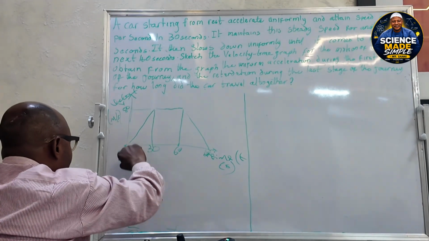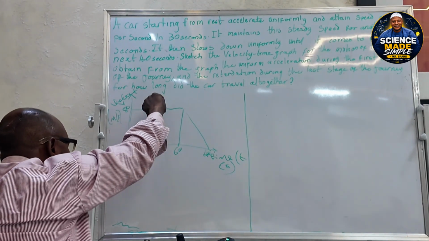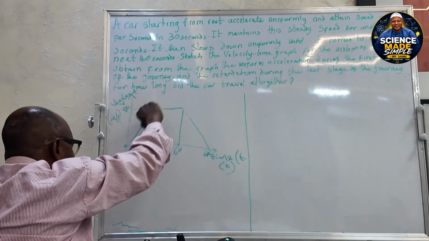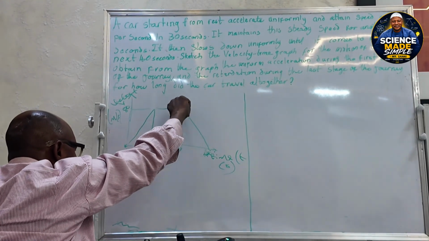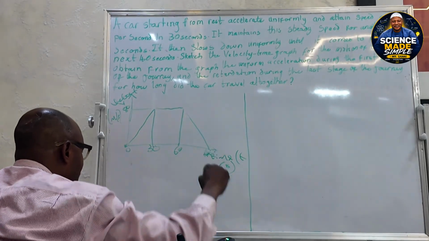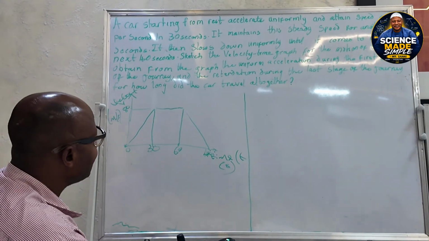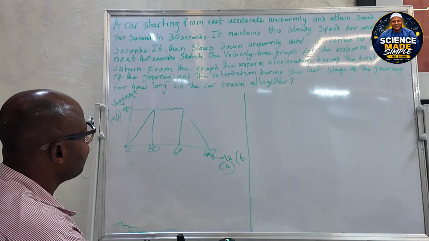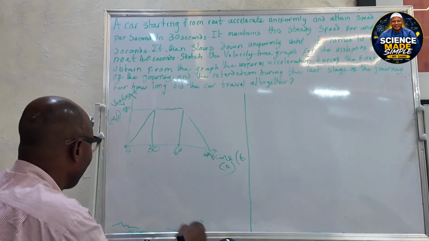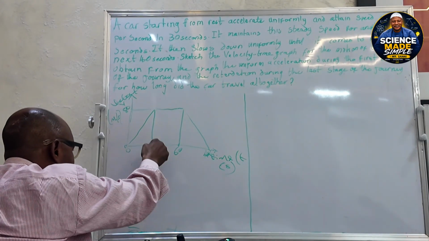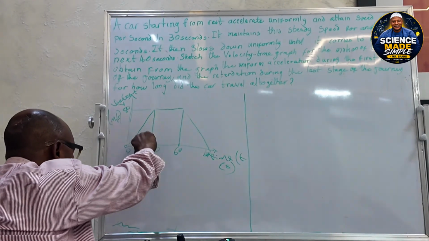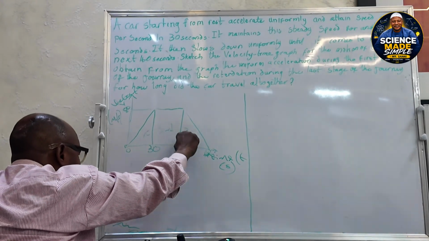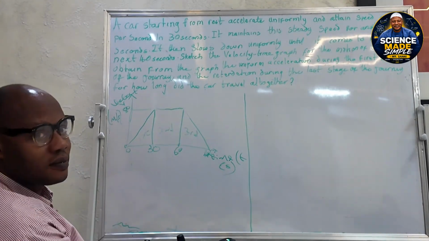So it accelerates here, maintains the same speed here, decelerates here. Constant acceleration, constant speed, deceleration. So find the uniform acceleration during the first stage. This is the first stage of the journey, second stage, and this is the third stage.